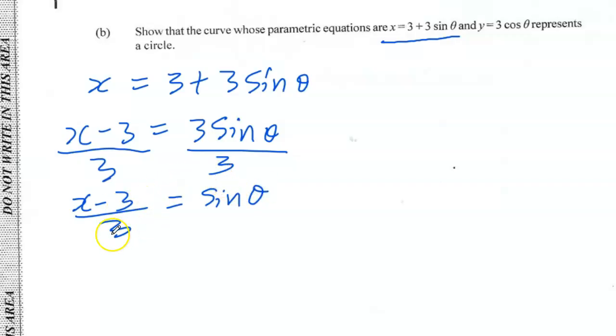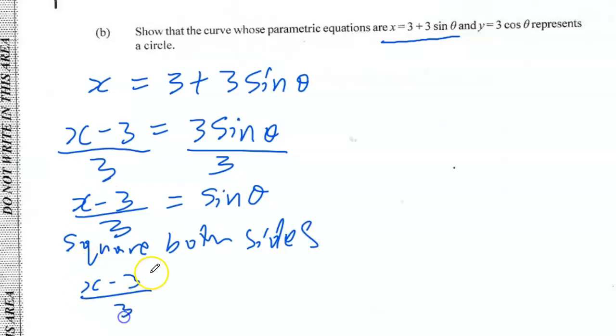And if we square both sides, we end up with ((x minus 3) upon 3) all squared, which is sine squared theta. Over here, on the other hand, we have y equal 3 cos theta.